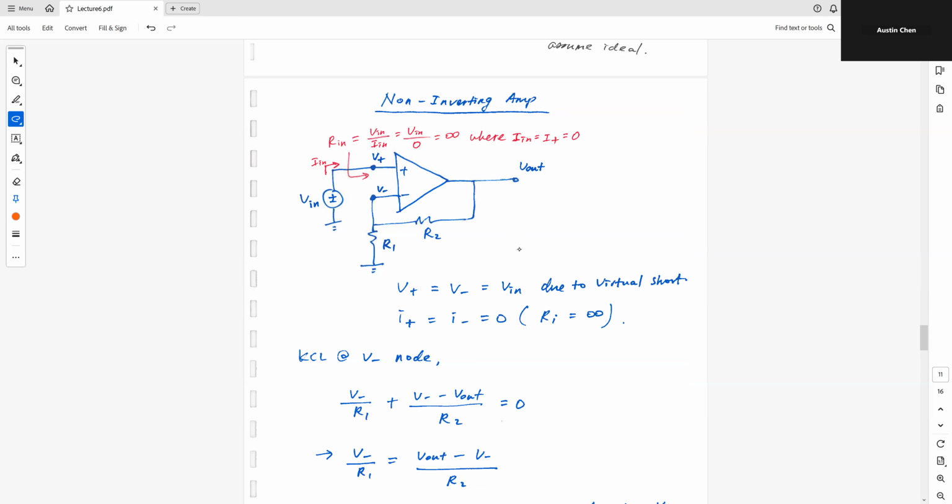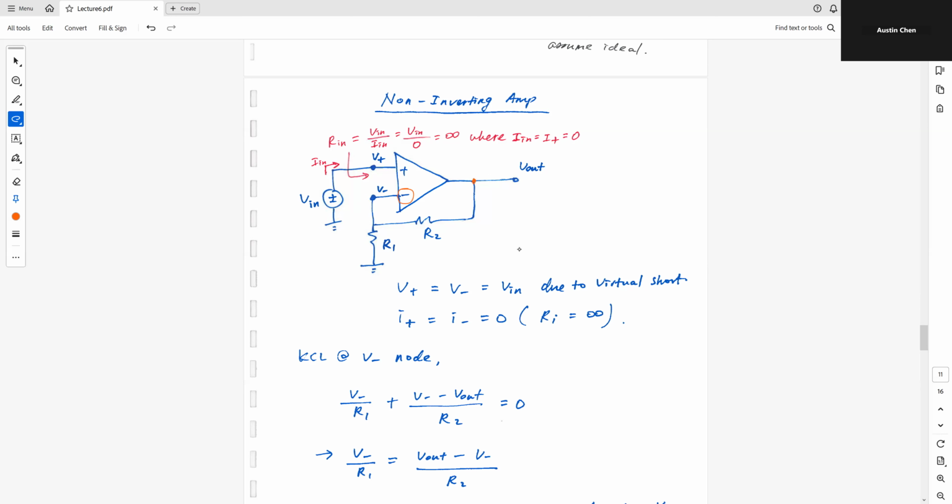And second, we need to check for negative feedback. This is my output. I sample part of this output and send it back to the input. This signal is going back to the negative terminal of the op-amp, which indicates that you have negative feedback.